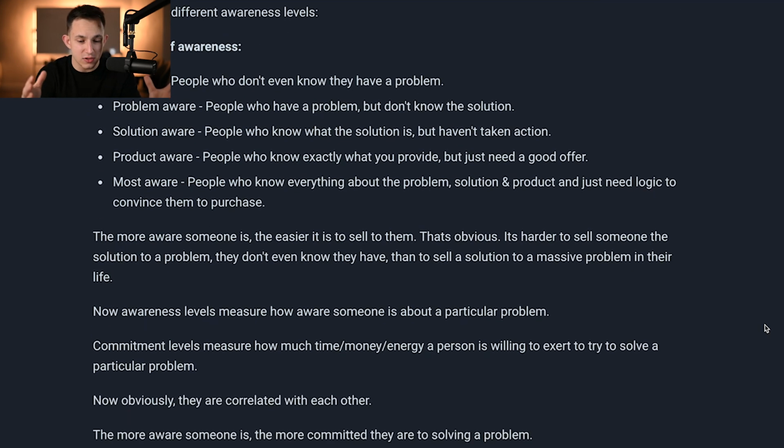Now, awareness levels measure how aware someone is about a particular problem. But commitment levels measure how much time, money, and energy a person is willing to exert in order to solve a particular problem.